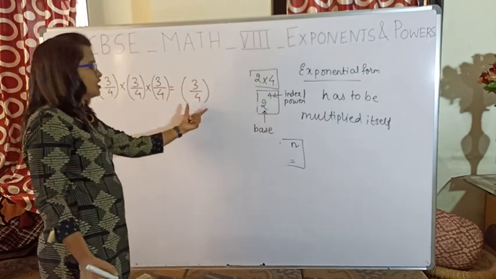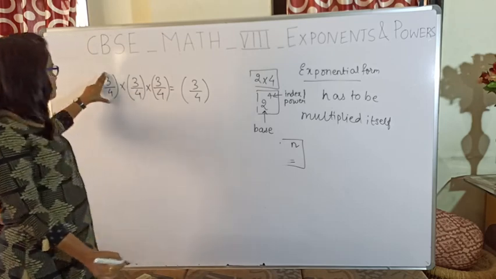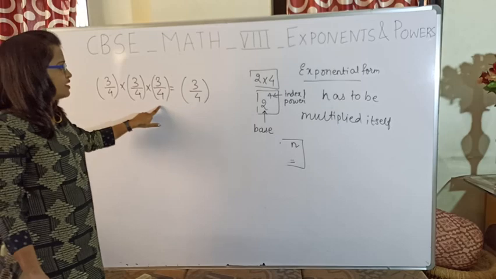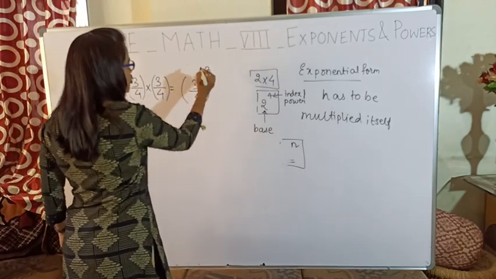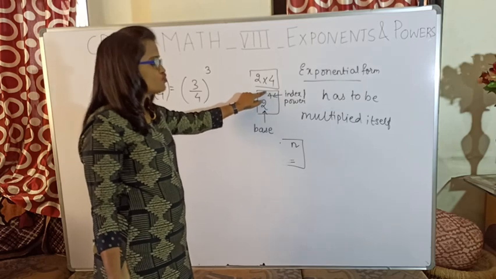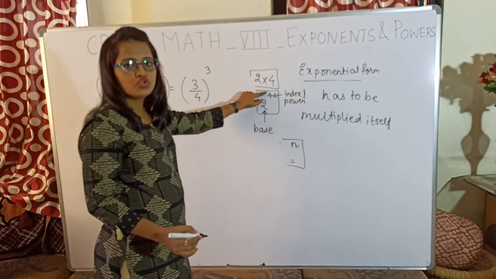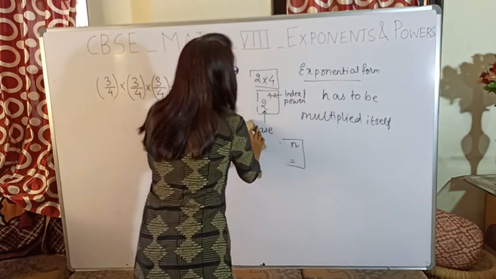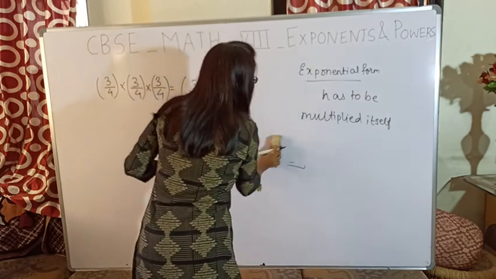So here now, what will be my base? My base will be this complete number 3/4. And the number of times it's being multiplied will come at the top. And how do we read this? 2 raised to 4 or 2 to the power 4. Okay, so there are 2-3 ways of reading any exponential number.